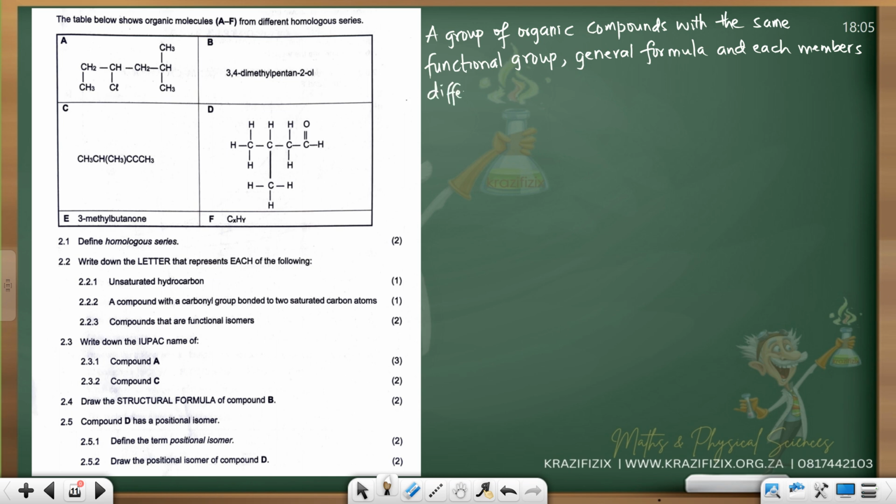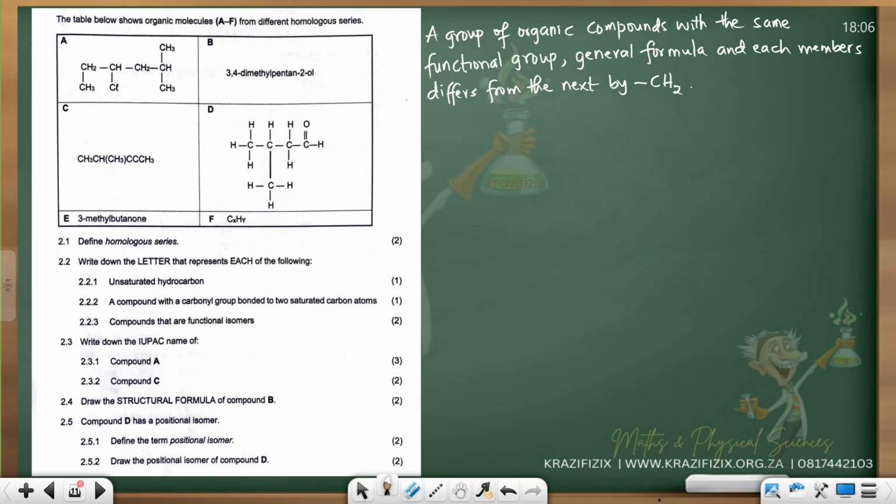I know most people don't always write that, but that's the complete definition. A group of organic compounds with the same functional group, general formula, and each member differs from the next by what? A CH2. If you don't understand what that CH2 means, let me tell you.